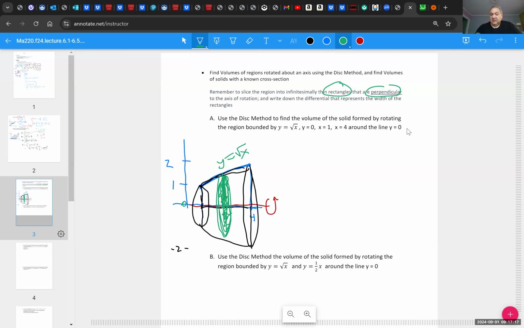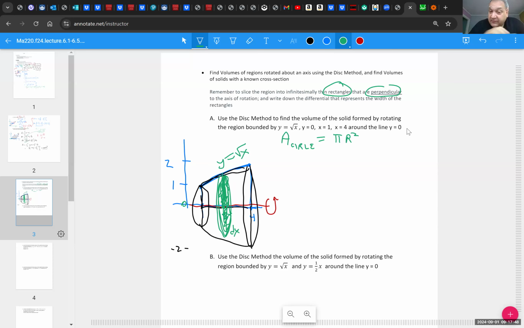We know the thickness is dx, because remember our rectangle had this infinitesimal thickness of dx. And we need to find the circle part times the width. So we need the circle times dx. So what is the area of a circle? You may remember from your geometry that it's pi r squared, right?